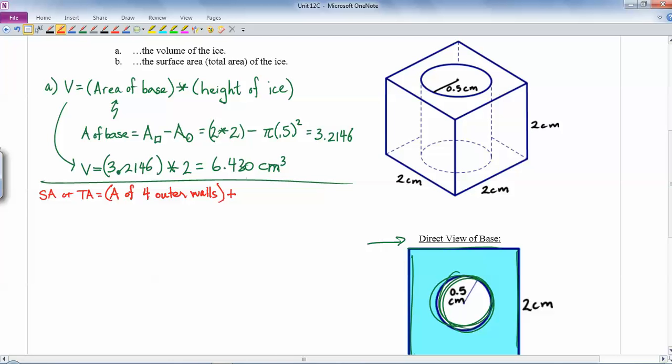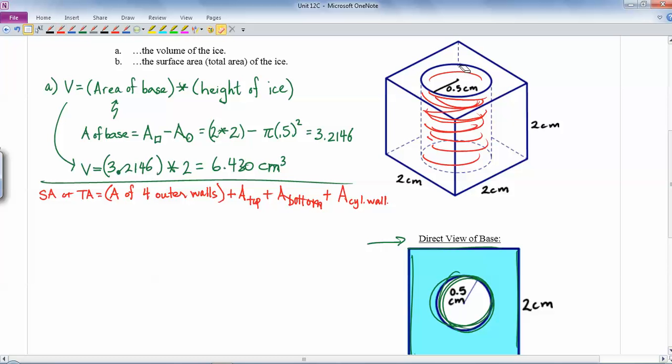And then we're going to add in the area of the top. We need the area of the bottom. And then the part that I think people forget is the area of this cylinder here, right? We can actually touch that because there's a hole there. You could just kind of reach in and touch the inside of that thing. So that's part of the walls too. So area of, let's say, the cylinder wall.